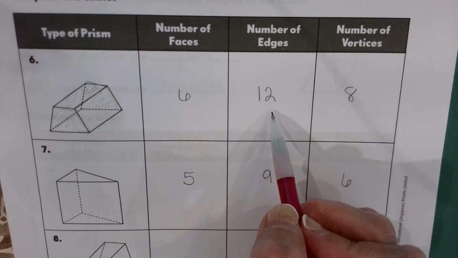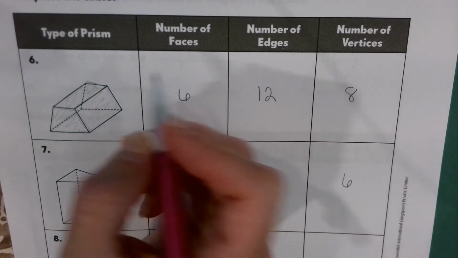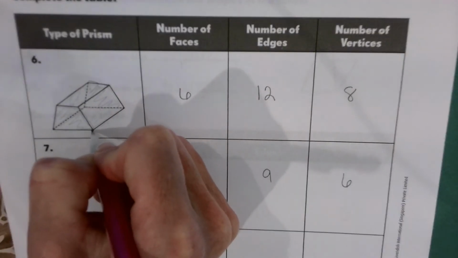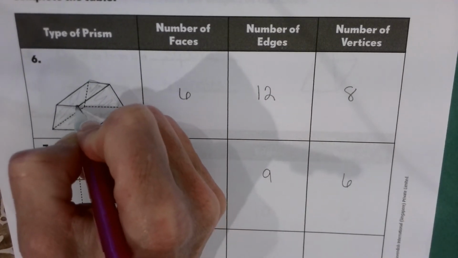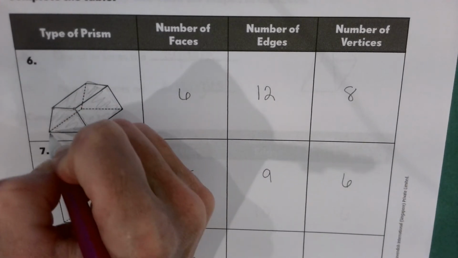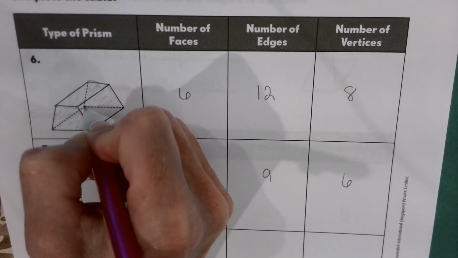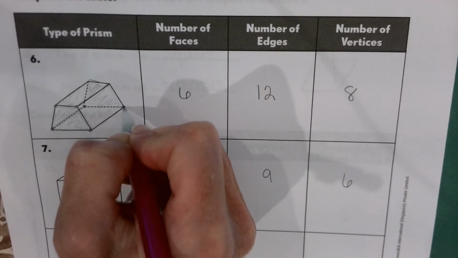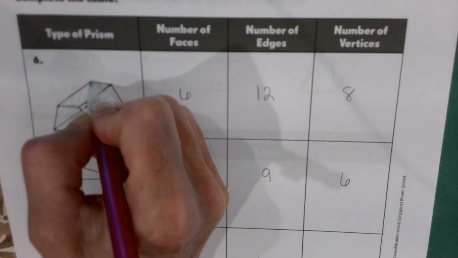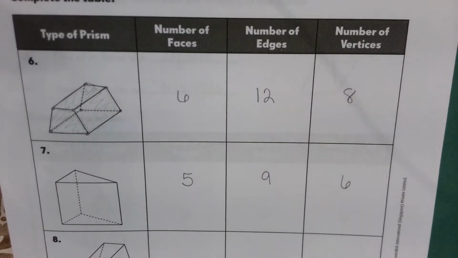So 12 edges, and then the number of vertices, we can put little dots on those. 1, 2, 3, 4, 5, 6, 7, 8. So 8 vertices.